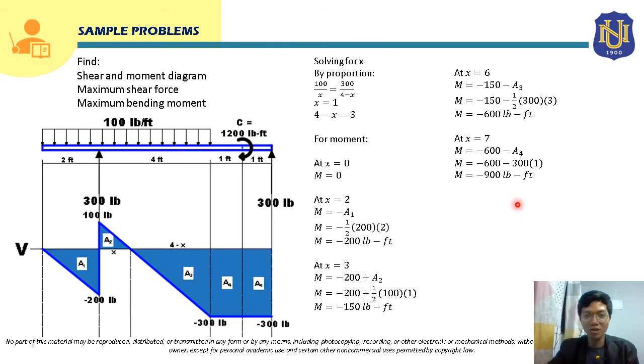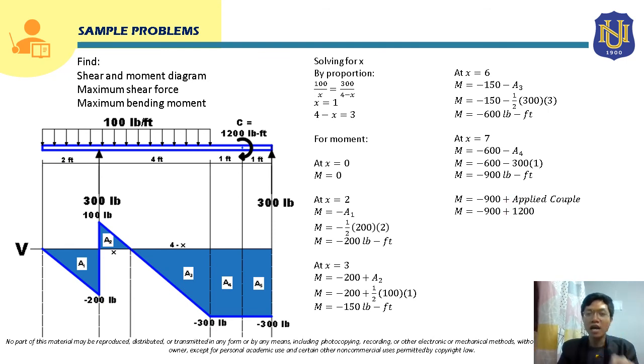Due to this applied couple, the negative 900 will change, and we're going to sum up this applied couple. This applied couple is clockwise, so the sign convention here will be positive.